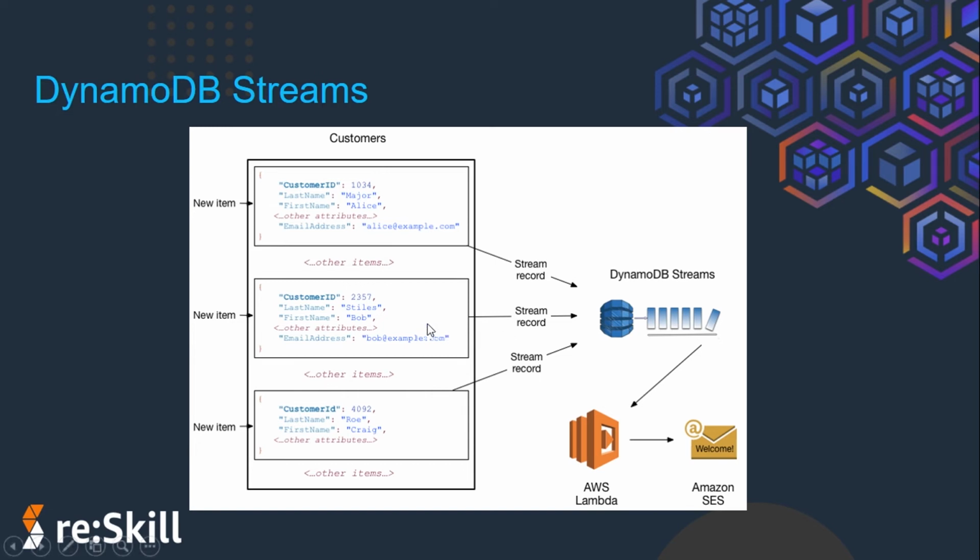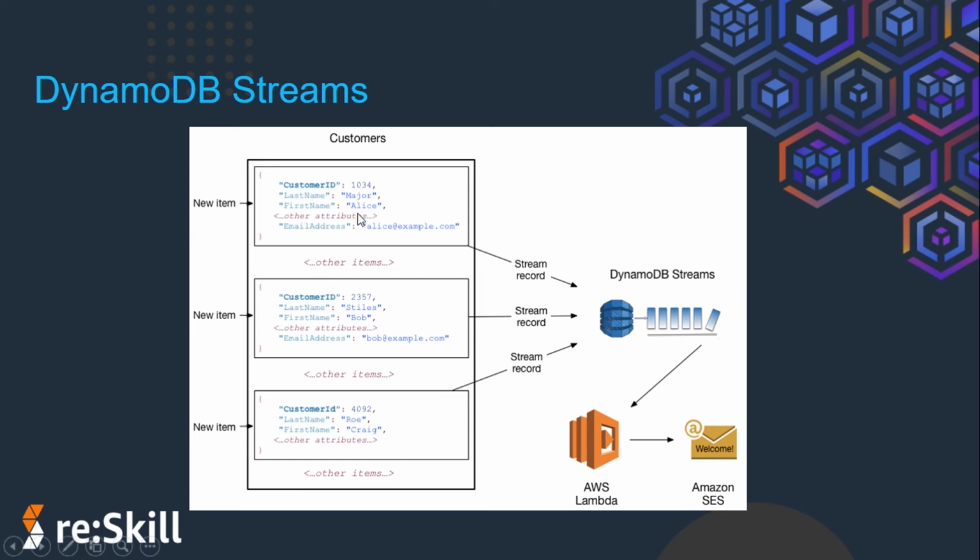So you can use DynamoDB streams together with AWS Lambda to create a trigger, which is nothing but a code that automatically runs whenever an event of interest appears in a stream. For example, there's a case where you have a customers table and you want that whenever a new customer registers to your application, a new item gets stored in the DynamoDB table, there should be a welcome message sent automatically to that customer.